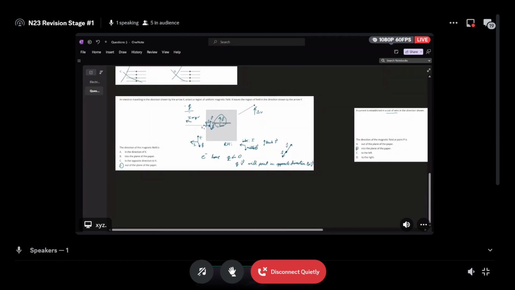If two particles are moving in the same direction, and one is positive and one is negative, QV will be in the same direction as V for the positive particle, but QV will be in the opposite direction to V for a negative particle.